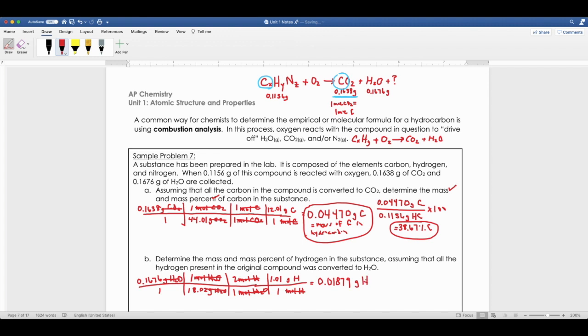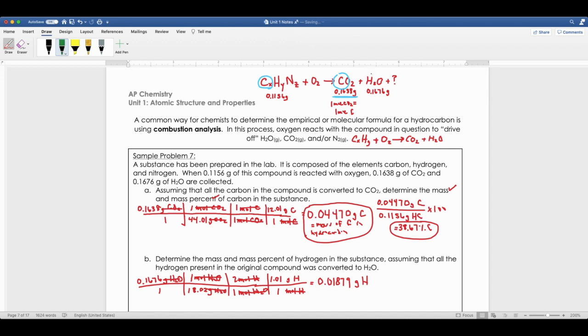So in 0.1676 grams of water, there is 0.01879 grams of hydrogen, because all of the hydrogen that's in this water came from this hydrocarbon. That must mean that these 2 hydrogens have the same mass, right?